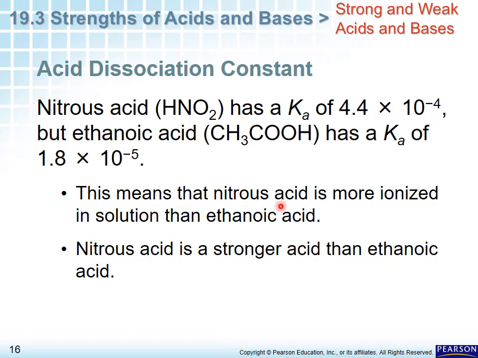This means that the nitrous acid is more ionized in solution than the ethanoic acid. That's why nitrous acid is a stronger acid than the ethanoic acid, because nitrous acid has the larger value. Look here, the power negative 4 and here negative 5. So negative 4 means larger or bigger and the other is the smaller one.